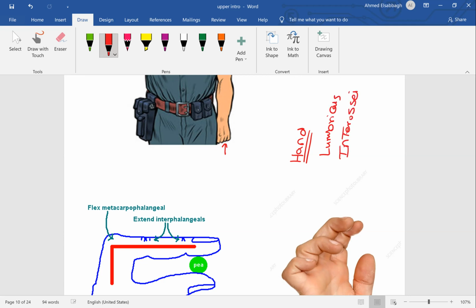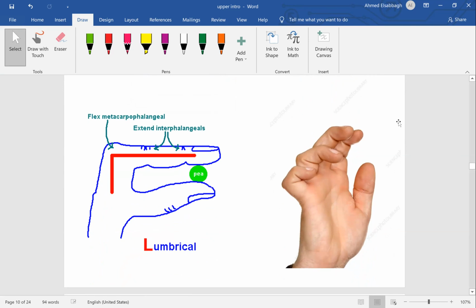So, what is the action of lumbricals and interossei? The main action is this movement here, which is flexion of the metacarpophalangeal joint and extension of the interphalangeal joint.